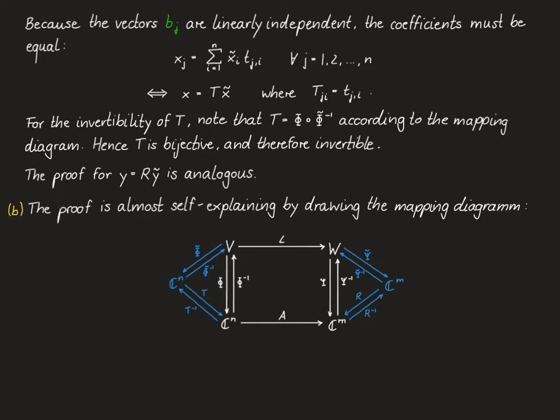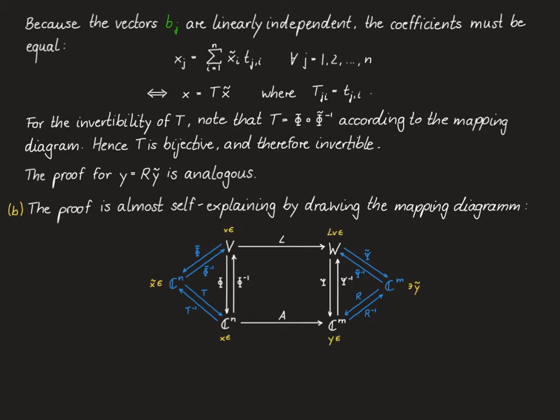And we have the n by n matrix T, which maps between the two spaces C^n and C^n. On the other side, we have the same thing for the vector space W. So we have two isomorphisms psi and psi tilde according to the bases C and C tilde, which make W isomorphic to C^m in each case. And we have the m by m matrix R that maps between the vector spaces C^m and C^m.